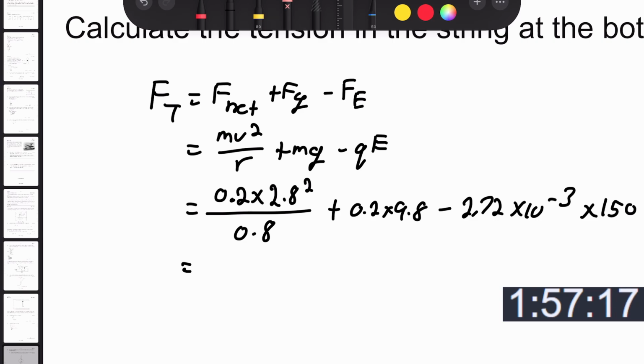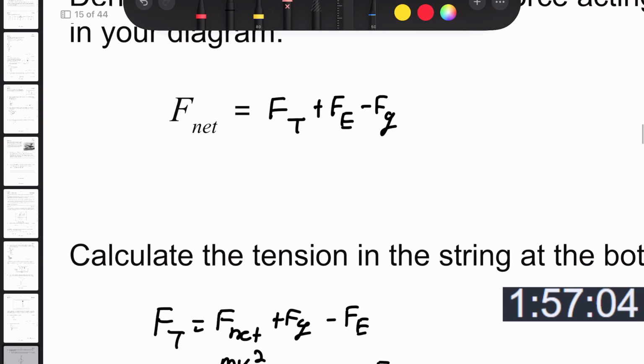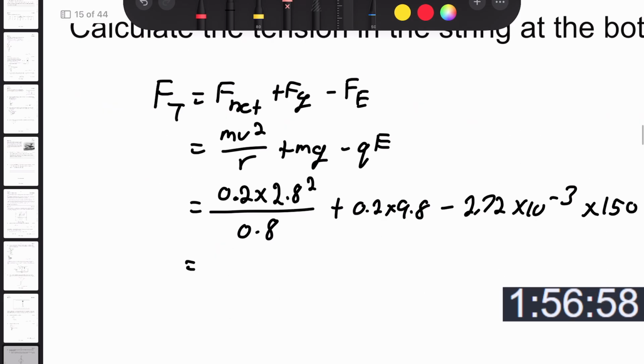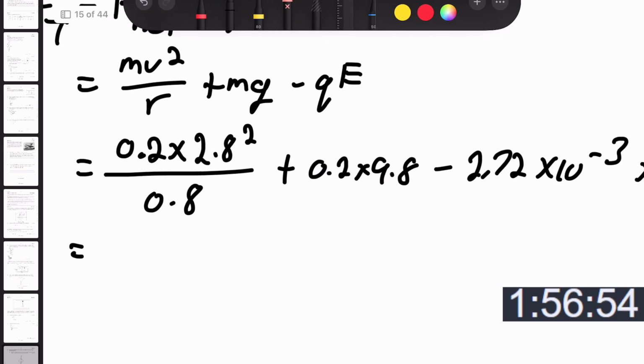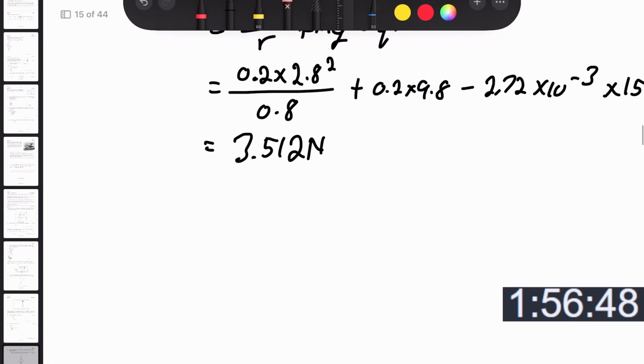I think I'm on the right track. Wait, minus F of E? Minus F of E plus F of G. Yeah, okay. Negative 3 times 150. 3.512 newtons, so 3.51.